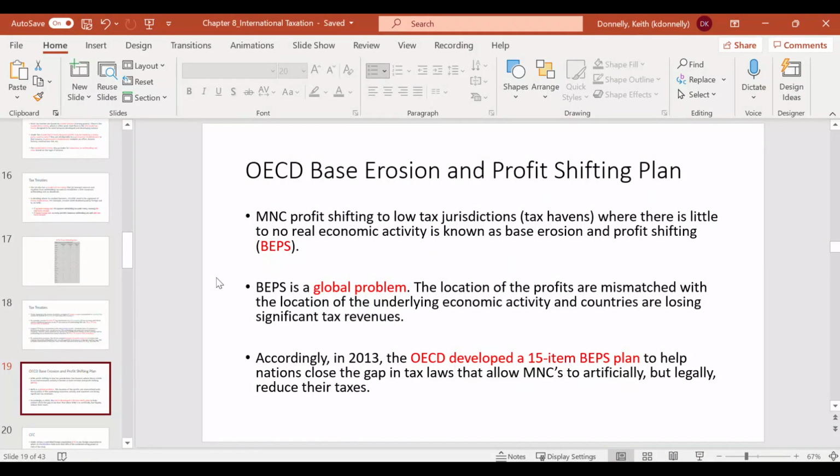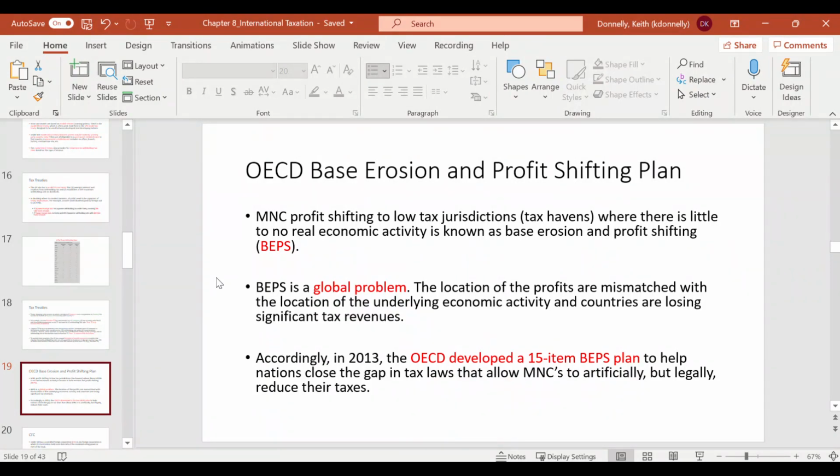So this is known as BEPS, base erosion and profit shifting. It's basically the idea of tax treaties and tax laws being taken advantage of. Countries are missing out on income or taxes they otherwise would have had. So this is a global problem, like I said, it's everywhere over the world.